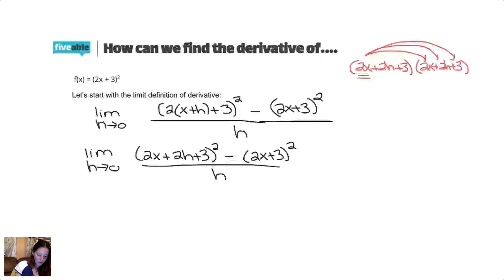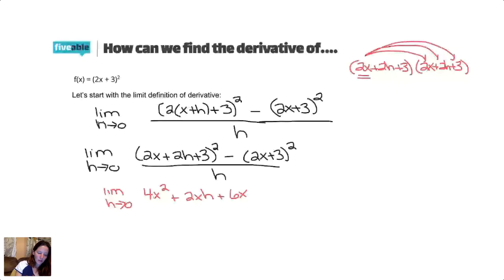That's going to get us 2x times 2x, 2x times 2h, and 2x times 3.